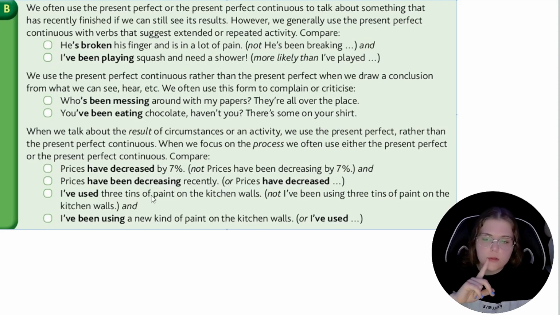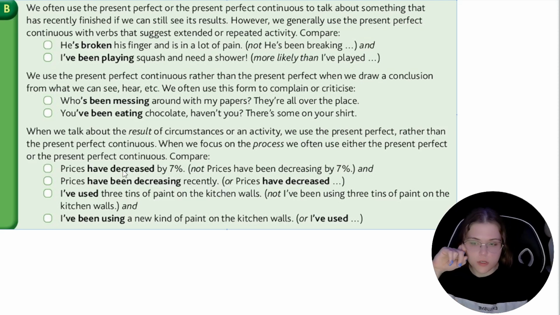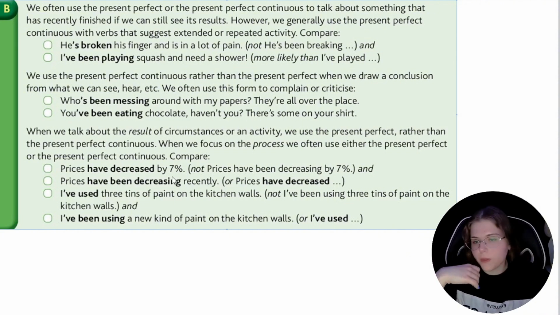By the way, in my Telegram channel, you have to find the difference between decrease and decrease, increase and increase. In the first sentence, we can't use continuous form because we can see the numeral, which is about just the result. But in the second sentence, we can see this recently. It's like a tendency.